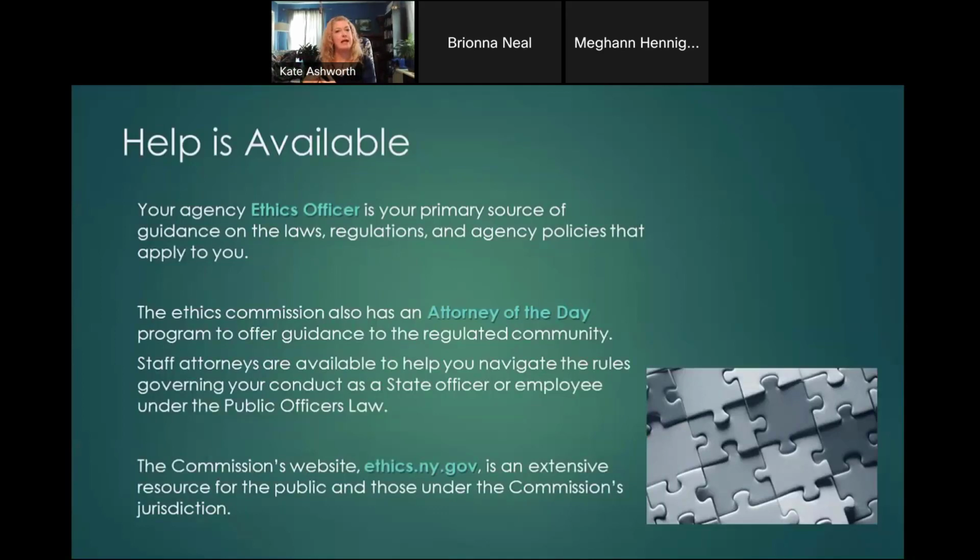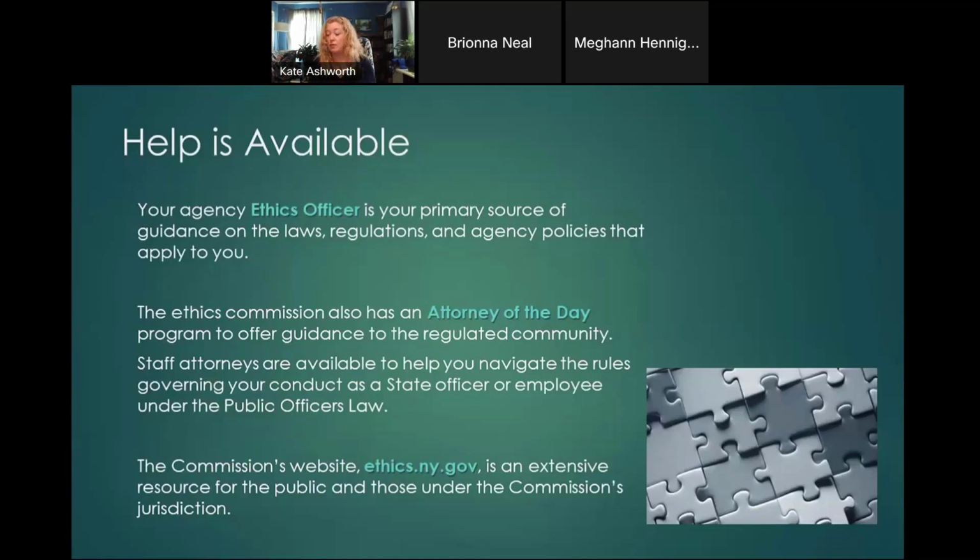Our attorneys of the day know what the law is, but we don't know what the agency policies are. So we really do encourage all staff to go to the ethics officer first for the best source of guidance, but we are always willing and able to talk to employees individually through the Attorney of the Day program. They're busy folks, but they do a great job.